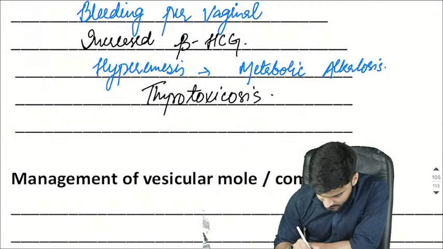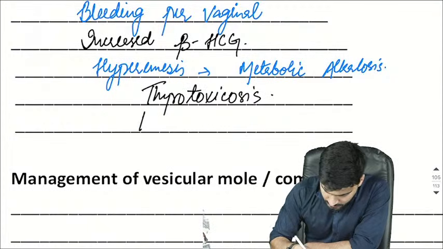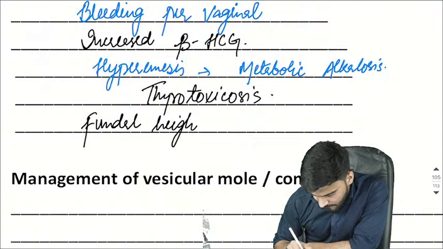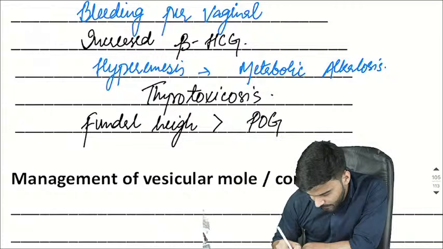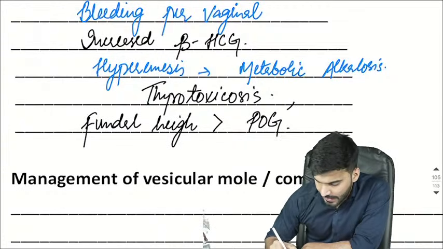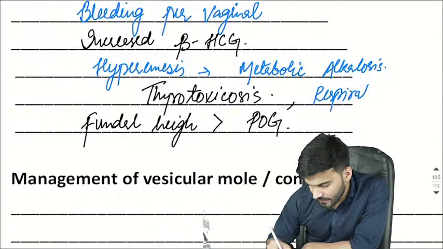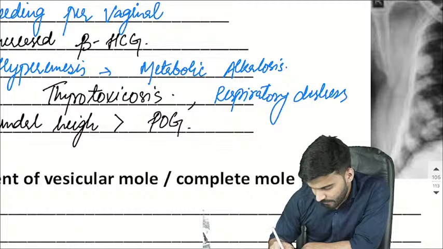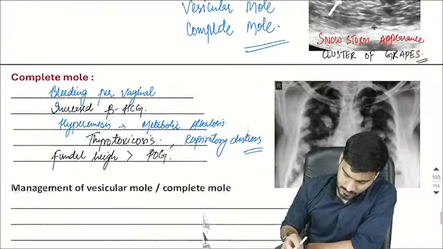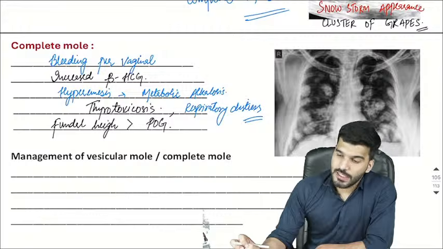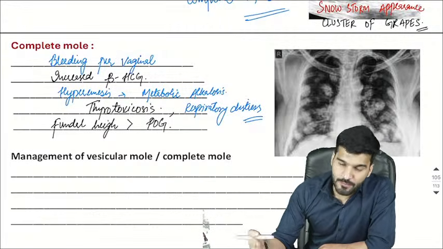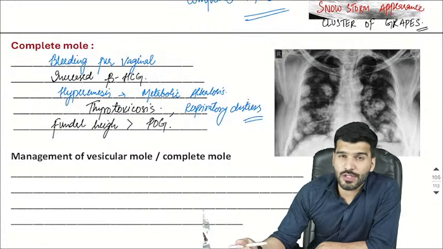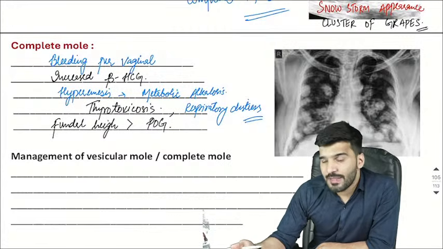Also the fundal height is more than the period of gestation, and respiratory distress can be seen as well. So these are all the features of the complete mole. Painless vaginal bleeding will be there, along with hyperemesis, fundal height more than the period of gestation, and increased beta HCG levels, right?